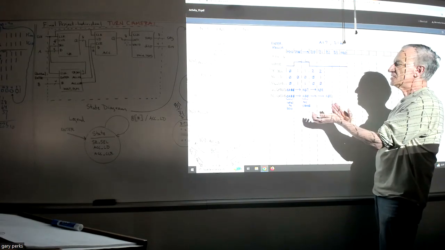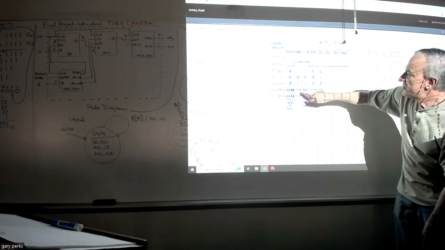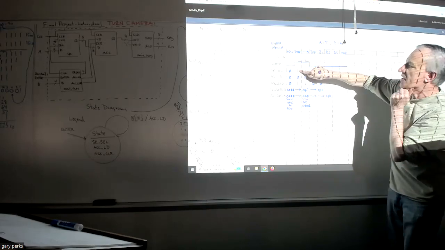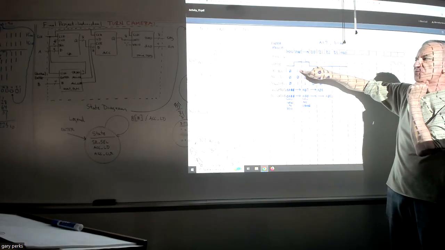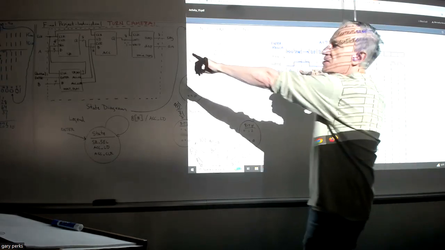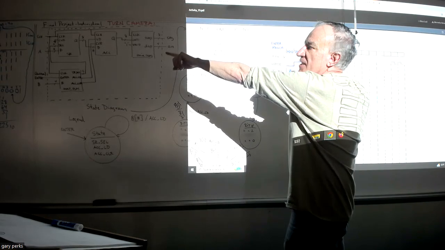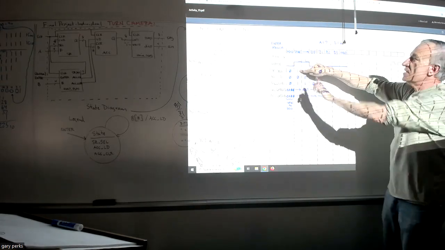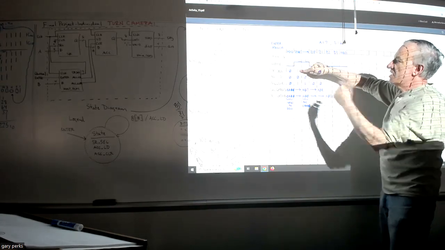Let's look at SR select. SR select became a 1 once we go into that start state, which means we're going to load the shift register, right? Which means the Q output, the SR contents, is going to equal the D input, which is connected to A. And we're multiplying 7 times 6, so A is equal to 7.